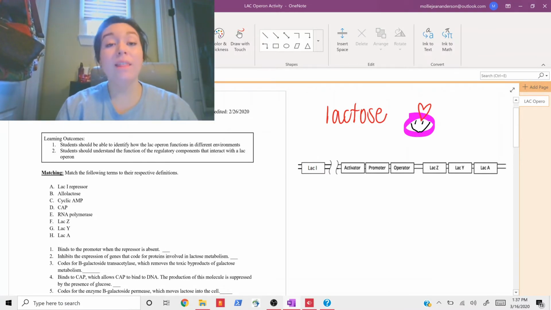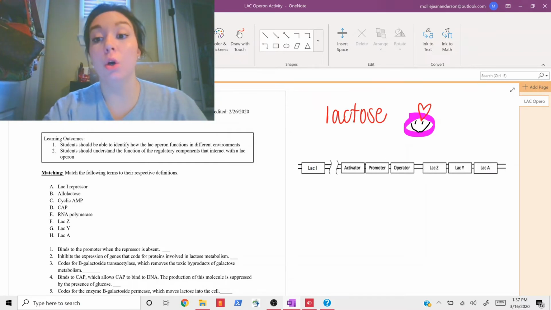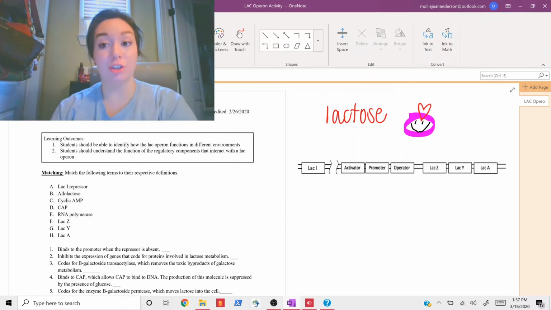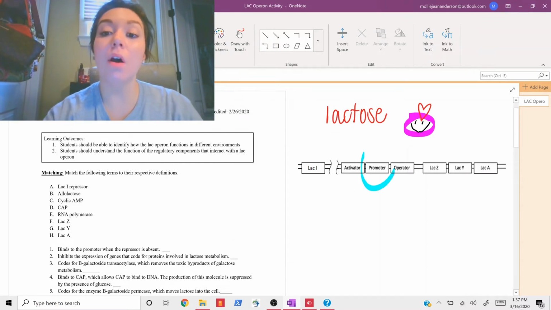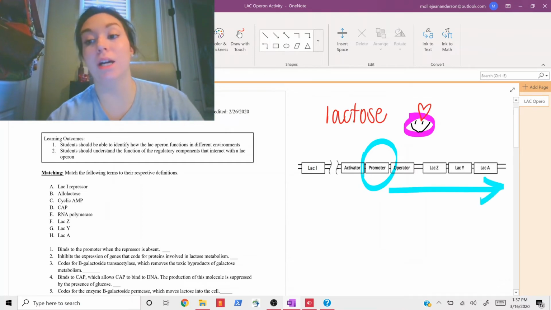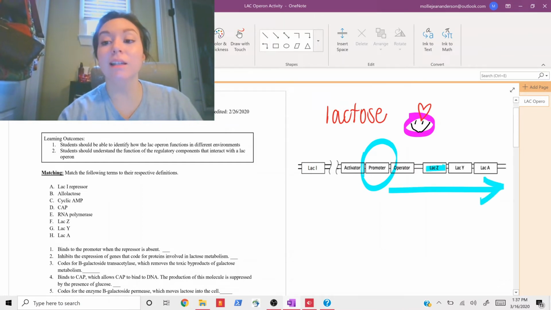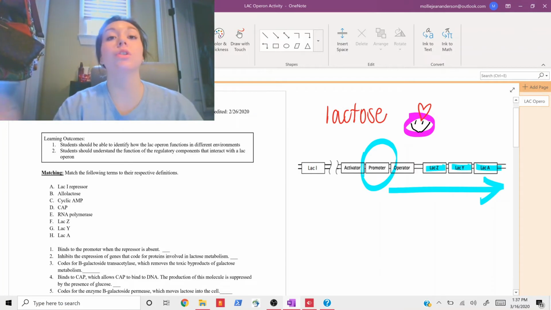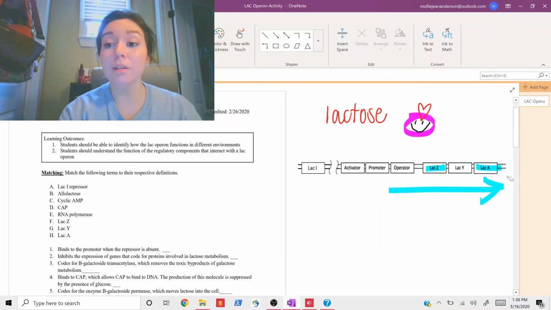But now this is an opportunity for RNA polymerase to bind to the promoter and transcribe Lac Z, Lac Y, and Lac A. So the repressor is off of the operator, allolactose is bound to the repressor, which changed its shape, allowed it to lift, and now RNA polymerase is able to bind to the promoter, move down these train tracks, and transcribe Lac Z, Lac Y, and Lac A, which are all going to break down lactose.